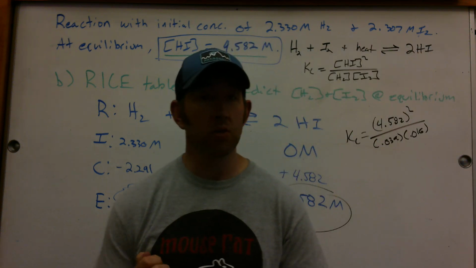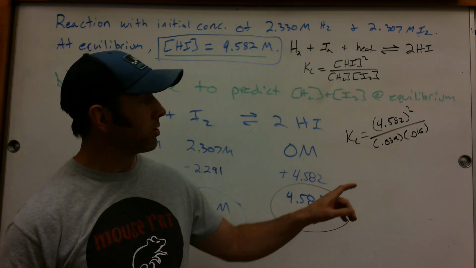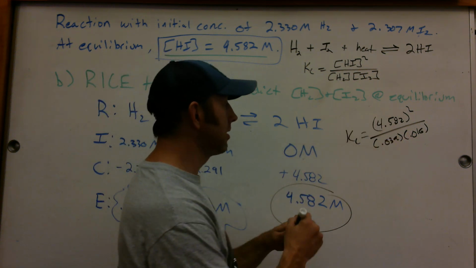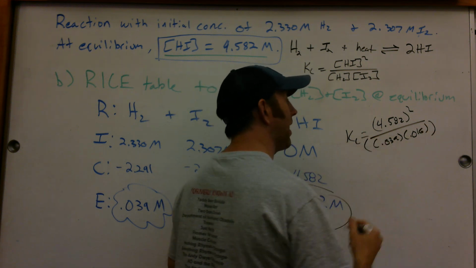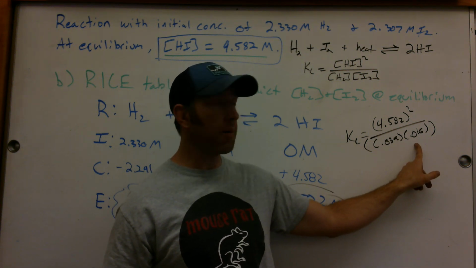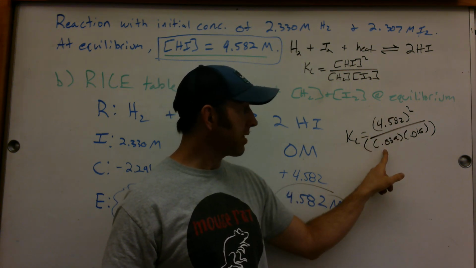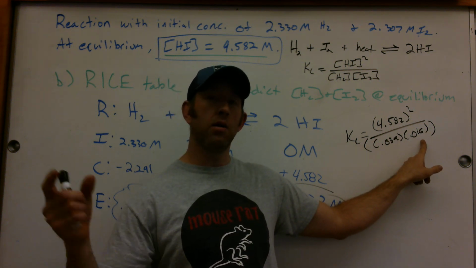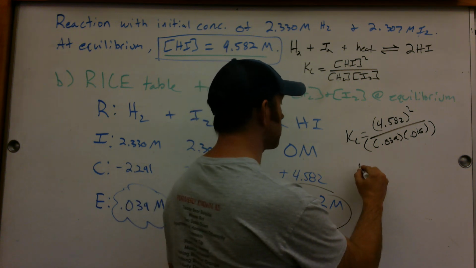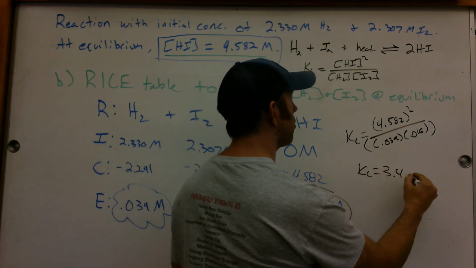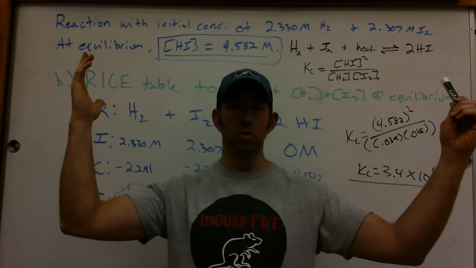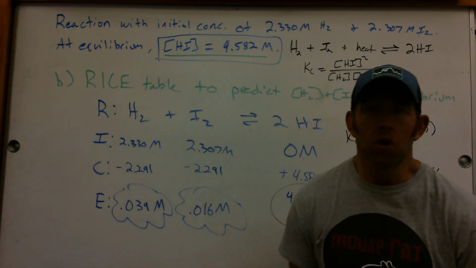All right. Now, when I plug those numbers into my calculator, it's really important that I take this number and square it first, then divide by that whole number. And there are two ways you can do that. You can put parentheses around your multiplication problem, or you can say this squared, divided by that, divided by that. Either way, PEMDAS, the order of operations, is important. In order to get there correctly, I should get Kc equals 3.4 times 10 to the 4. Boom.